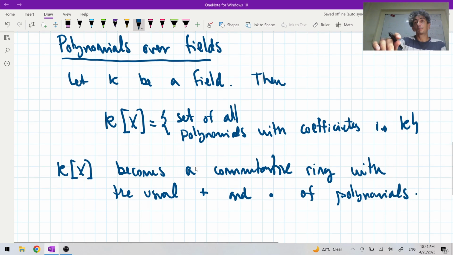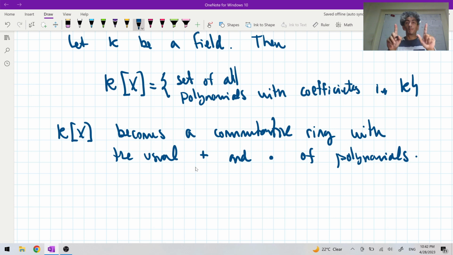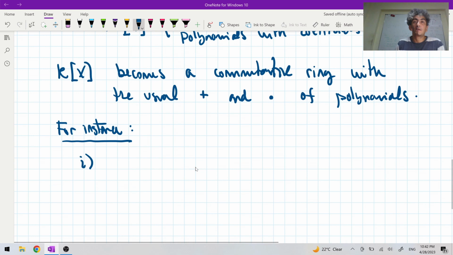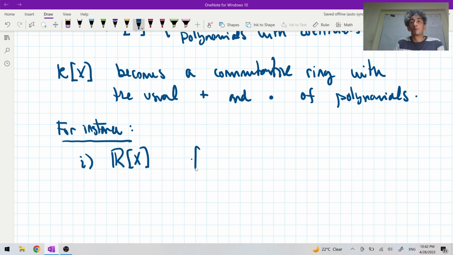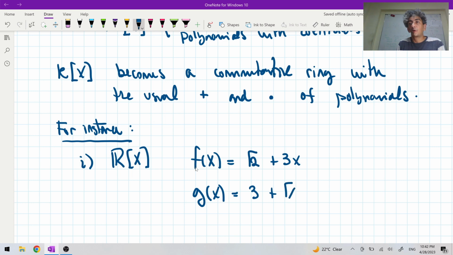So you multiply out and use the fact that powers of X add up together. For instance, first example, let's take a look at polynomials in R of X. Take polynomial f of x, square root of 2 plus 3x, and then take g of x as 3 plus square root of 2 times x minus x squared.